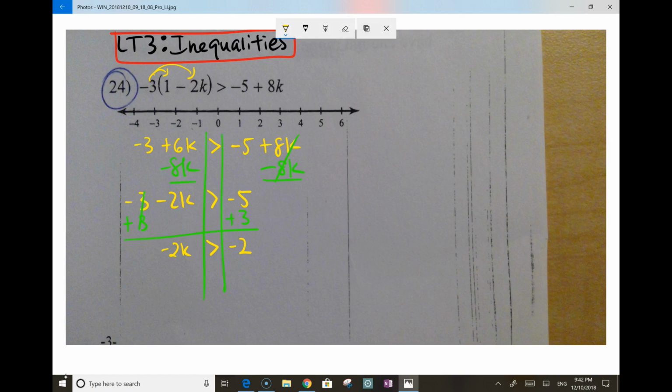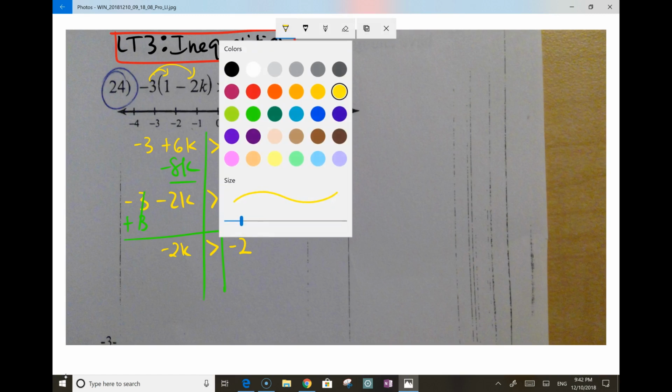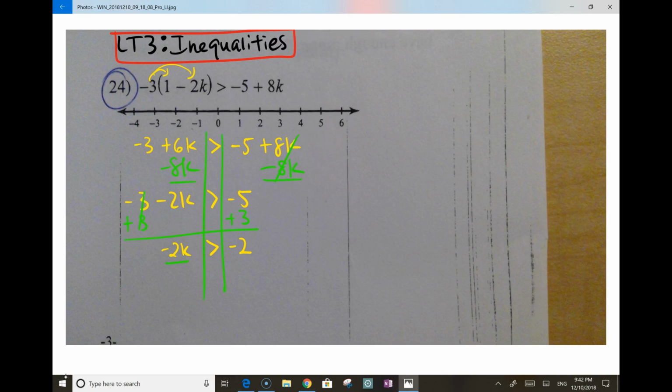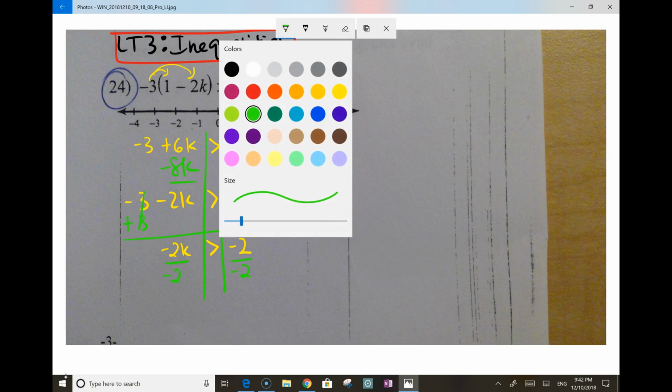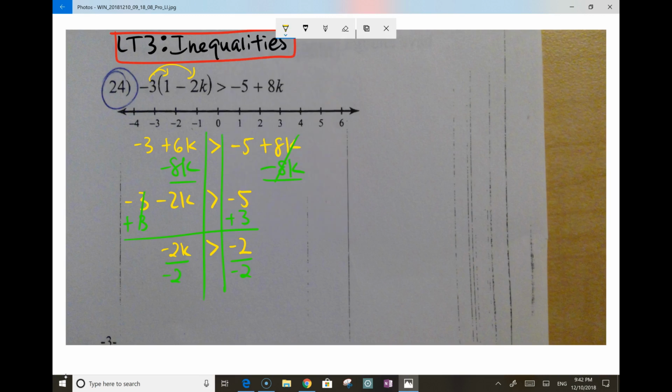And so what I need to do now is divide by -2 in order to isolate my k. And this is where things kind of get interesting. So these eliminate. Here I get a 1, but because I divided both sides with a negative number, in other words, I divided using a -2, this inequality is going to change its direction.